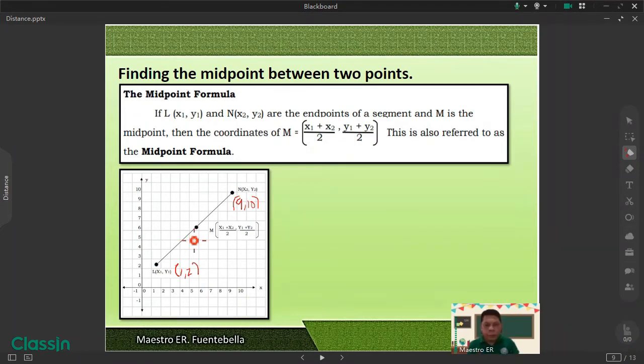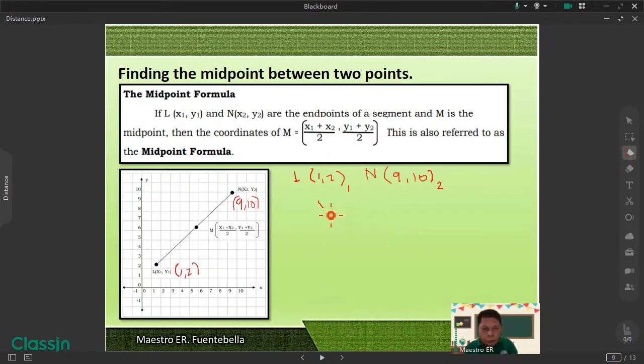So let's rewrite again that L is at 1 and 2, while N is at 9 and 10. So the same, you can assign any of the 2 points as your sub 1 and your sub 2. So let's assign L as your sub 1 and N as your sub 2.